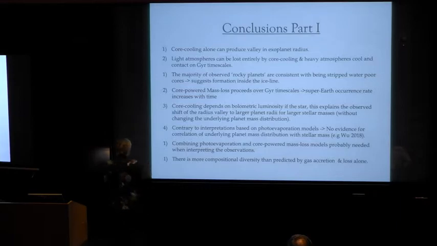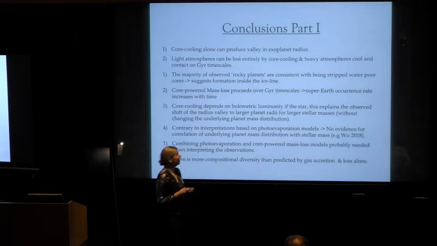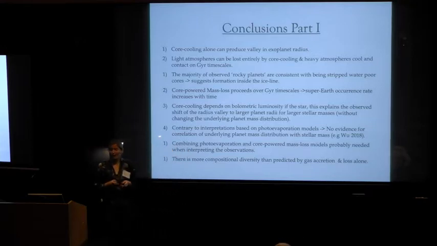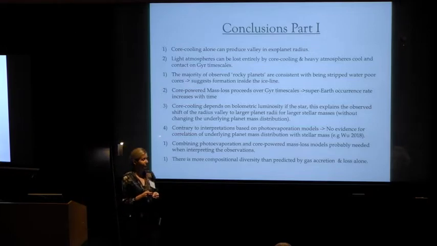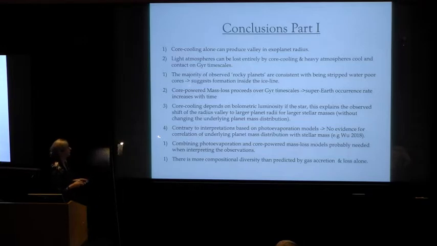What I tried to show you is that core cooling, so the energy that you have left over, if you wish, from planet formation itself, alone can produce the radius valley in the exoplanet distribution. What we find is that light atmospheres can energetically be lost entirely, whereas heavy atmospheres can cool and contract over gigayear timescales.